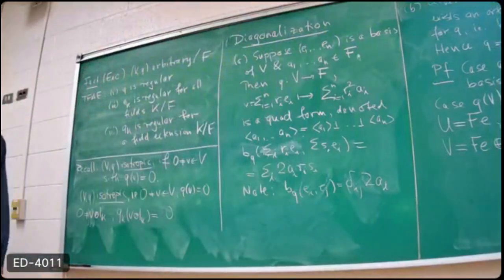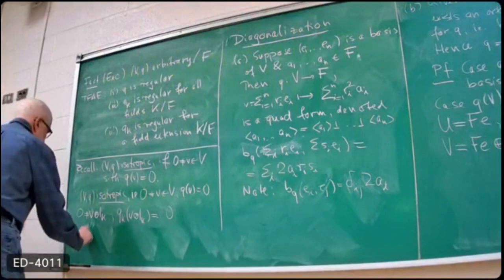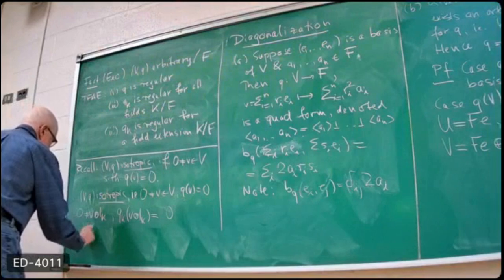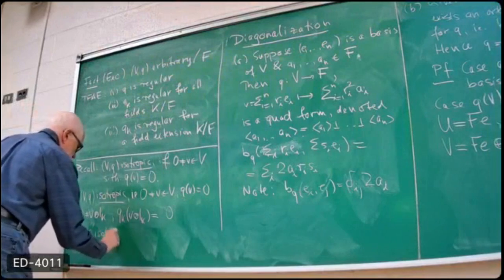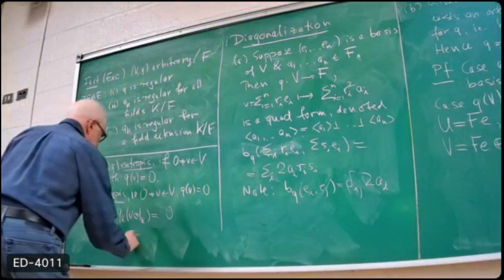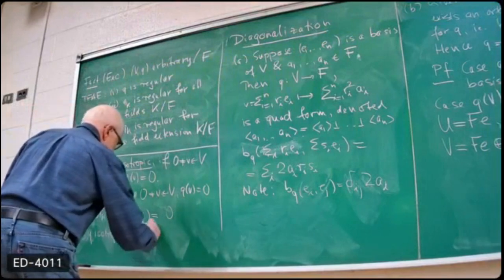So what we proved is that if Q is isotropic, then any base change is isotropic.